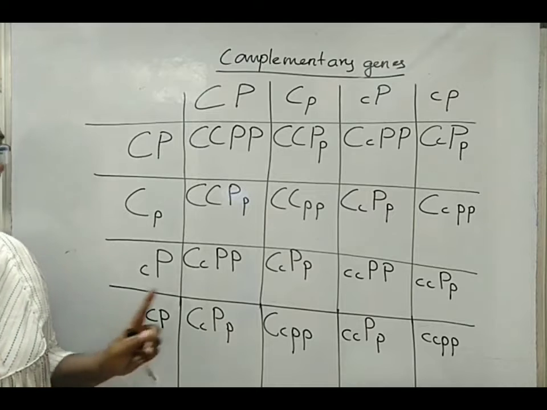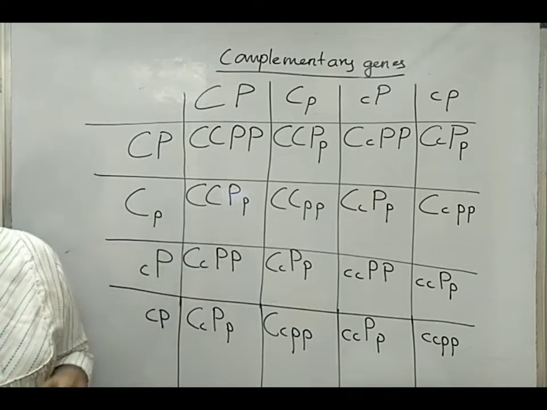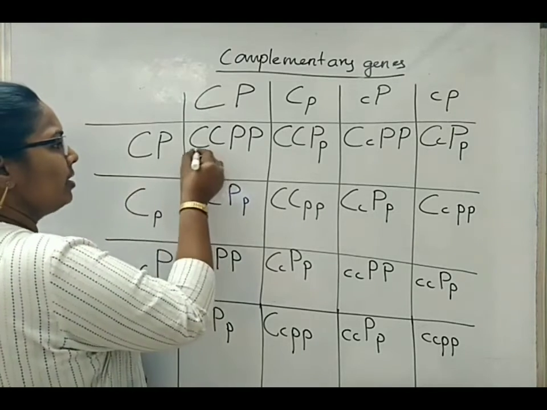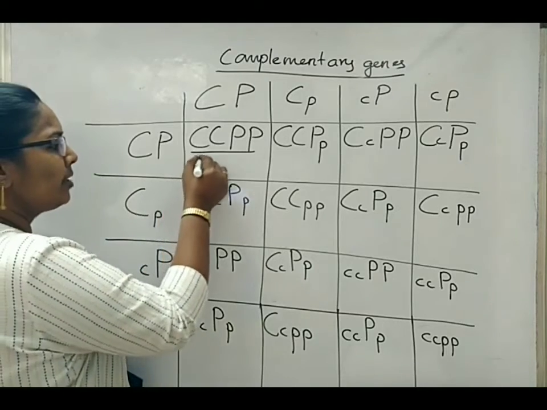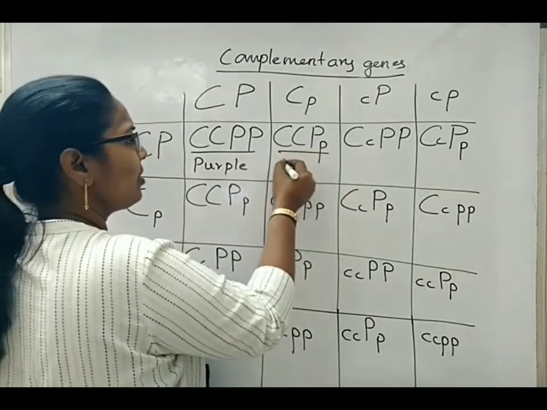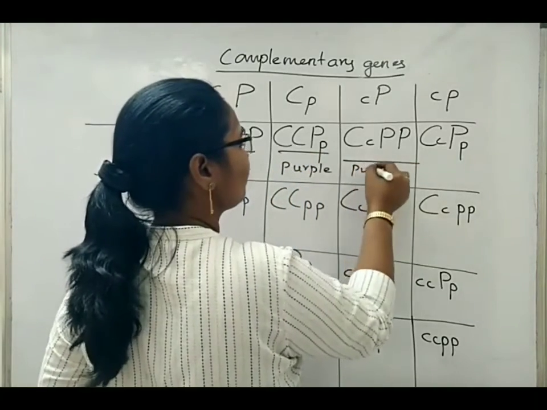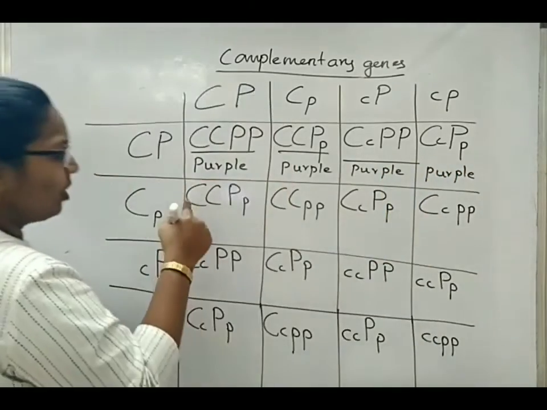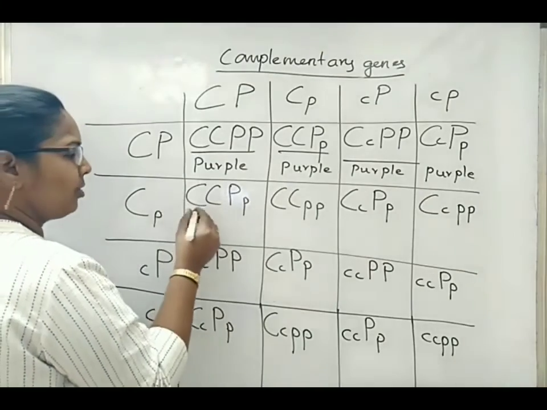Now let's see what the names and the phenotypic expression of such gene combinations or allele combinations are. Since this has all dominant forms, this is responsible for purple colored flowers. Here, it is also responsible for purple colored flowers, because two types of dominant forms are expressed in the same zygote.